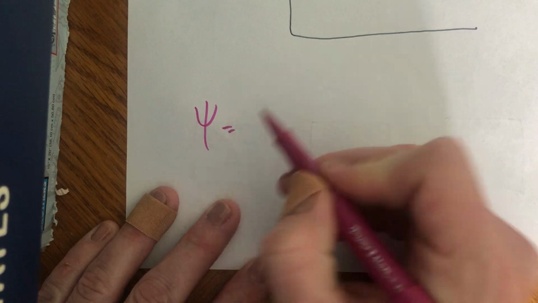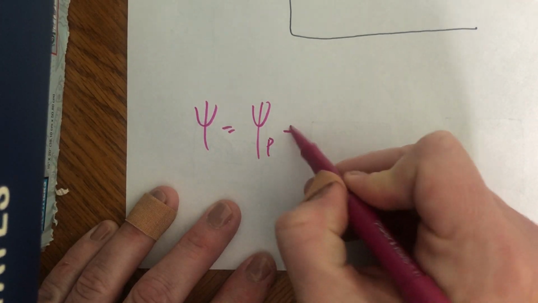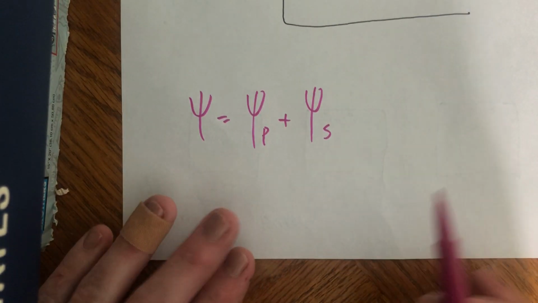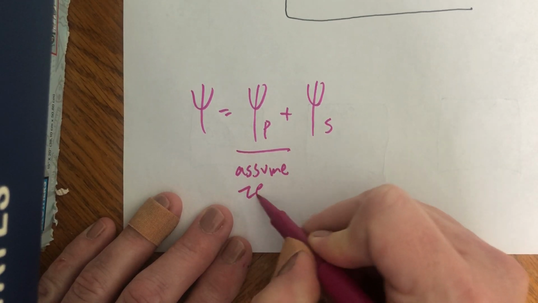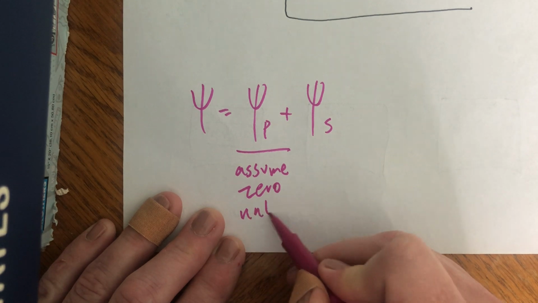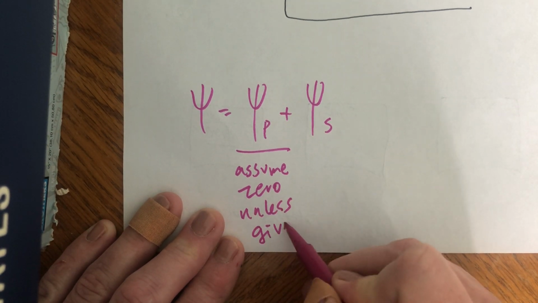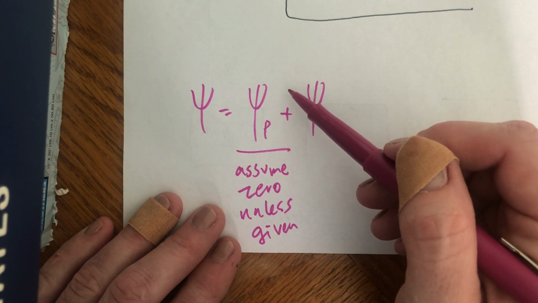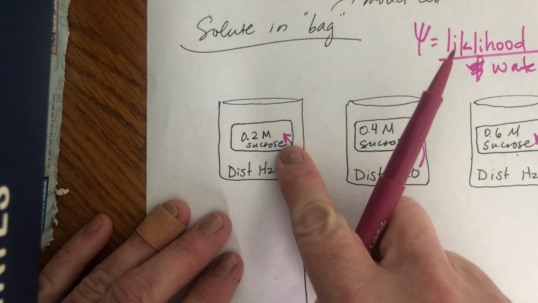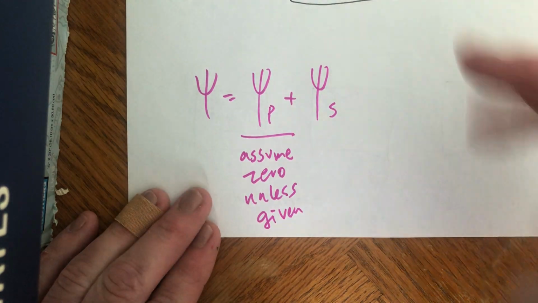Okay, water potential equals pressure potential plus solute potential. Pressure potential we always assume is 0 unless given. That's annoying, right? Usually they say these experiments are done in open containers, meaning there's no pressure applied to the system.